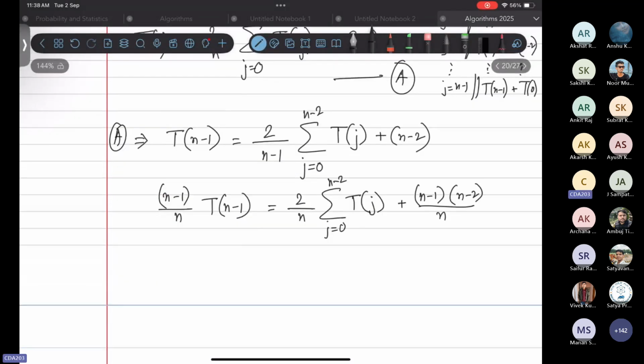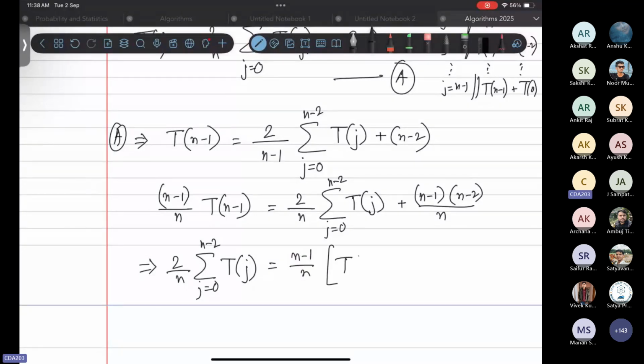And let me just rewrite this term. I'll take this term to the left. So this implies summation j runs from 0 to n minus 2 tj is equal to n minus 1 by n, T n minus 1 minus n minus 2.